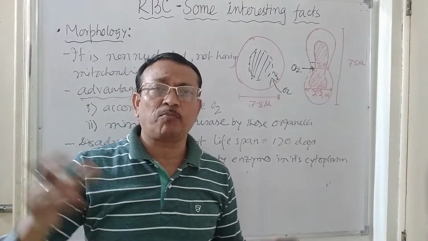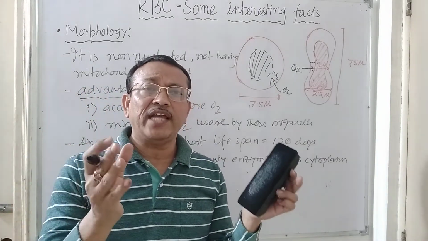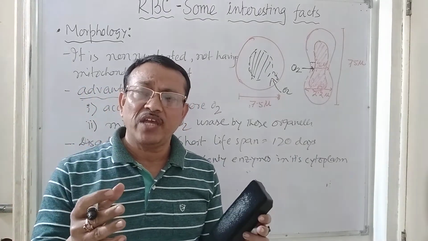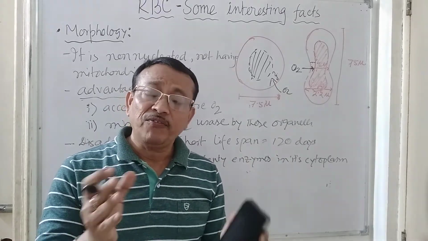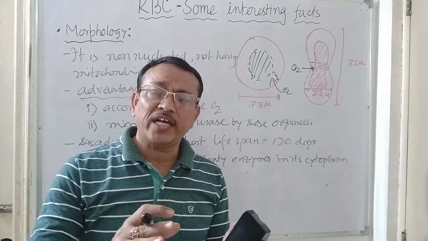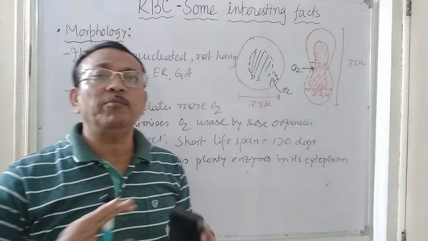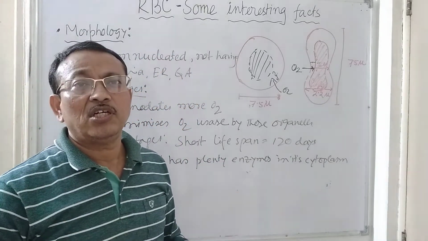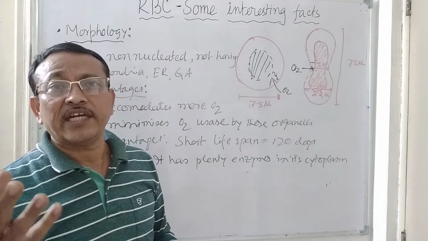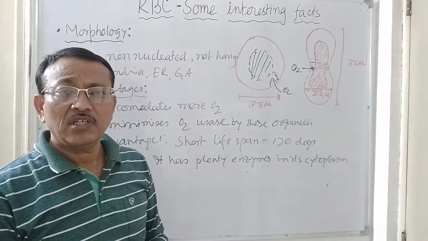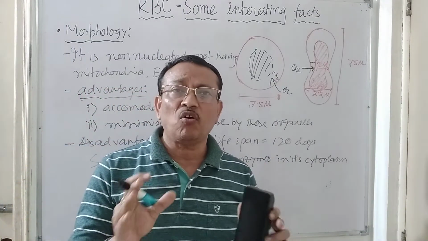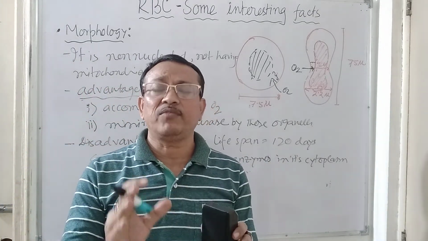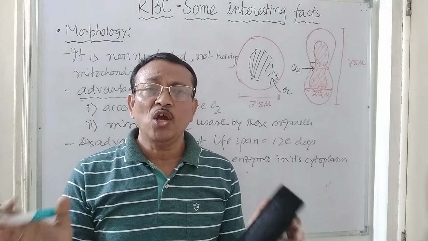And during the maturation process of the RBC, those enzymes are synthesized and overloaded before the nucleus and other organelles are eliminated from the RBC once it gets mature. And as long as these enzymes are present within the RBC, the function of the RBC is maintained.